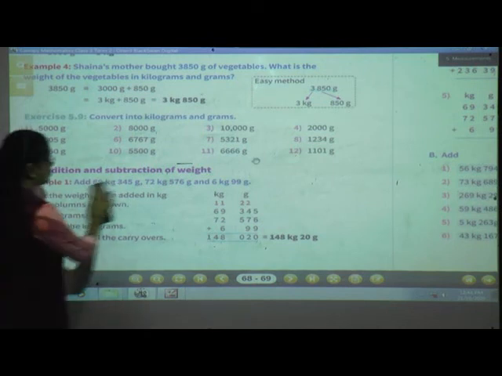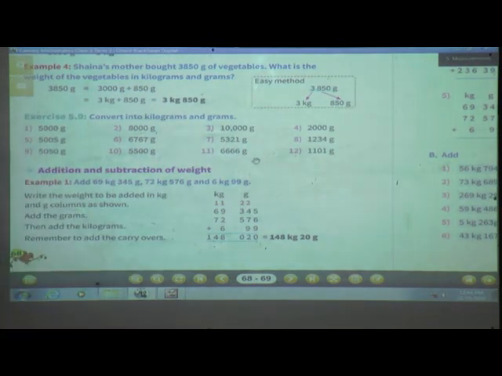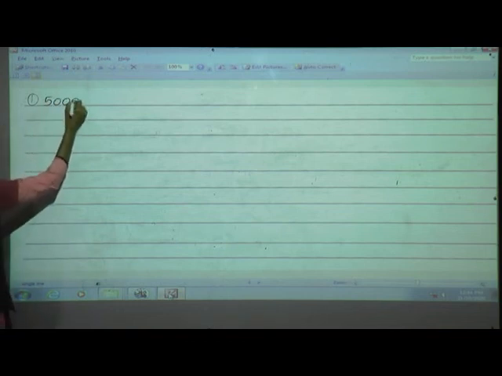See the first question. Convert into kilograms and grams. Now see students, the first number is 5000 gram. This we have to convert into kilogram.